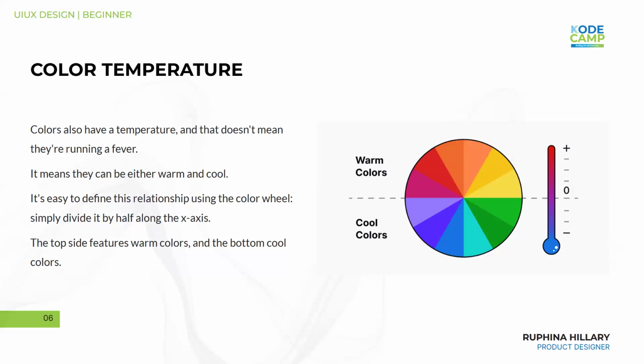So in the color wheel, if you simply divide the color wheel in half along the x-axis, you have the warm colors on top and the cool colors under. That's why I told you that the arrangement of the colors on the color wheel is mathematical. It was pre-planned.